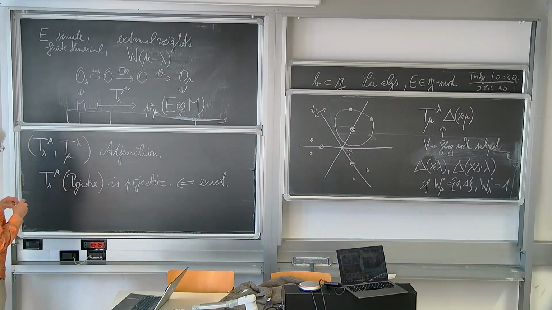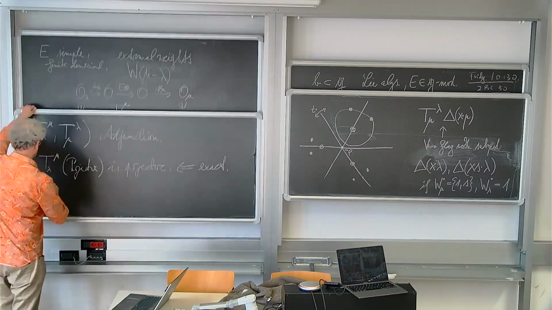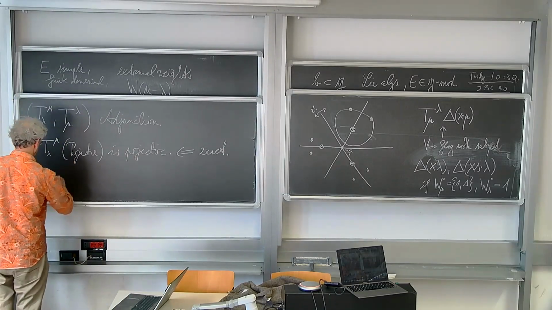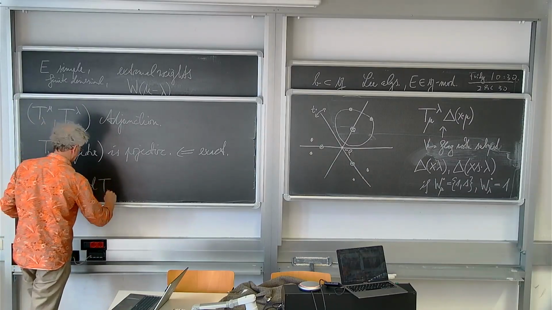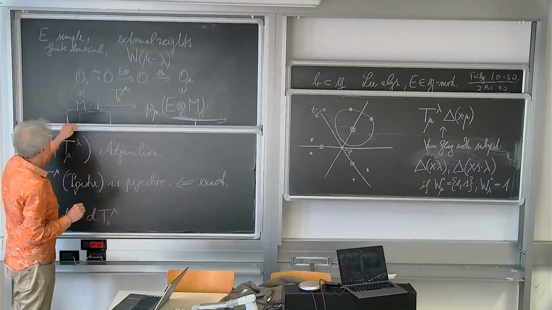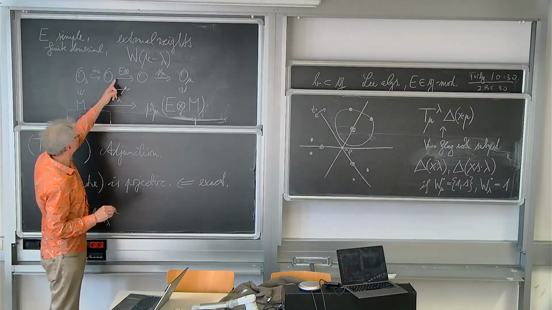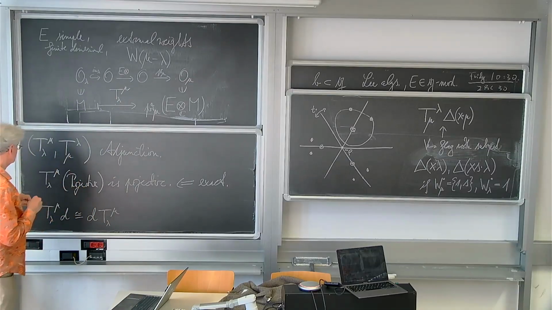And maybe I should also say that this commutes with duality. So T under mu dual is dual T under mu, essentially for the same reason. Tensoring with E is compatible with duality and the other things too, and so it's all quite clear.